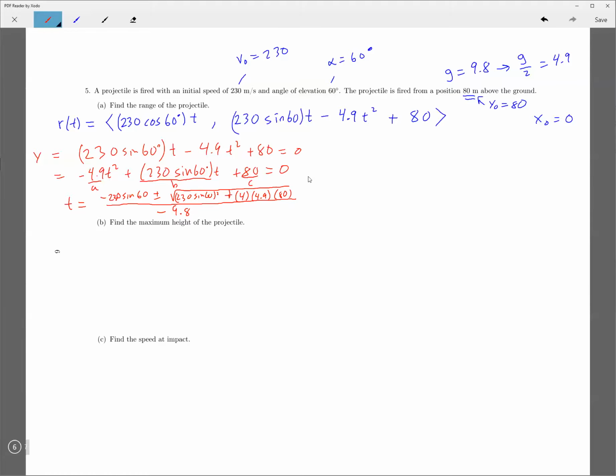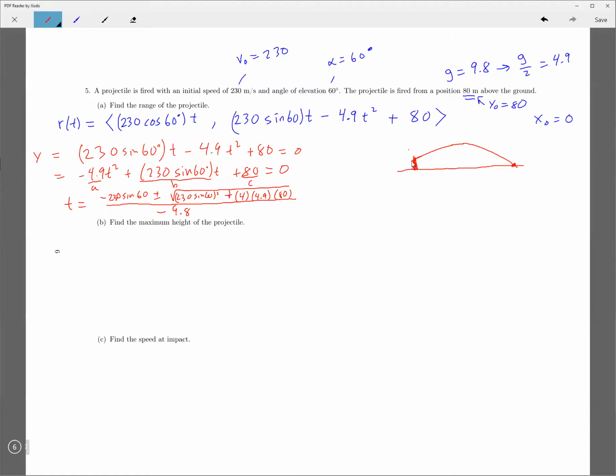So this is going to give you two values. If this is 80 feet off the ground, then your projectile is going to go up, and then come back down and land on the ground, right? And this is the distance we're after.